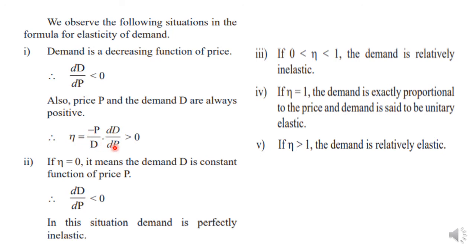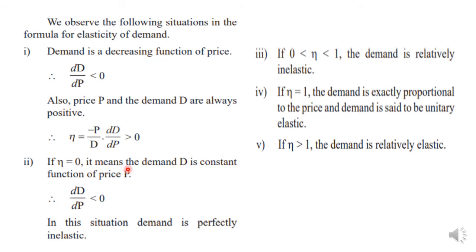So eta is equal to minus P upon D into dD by dP. Since this derivative is negative, minus into minus becomes positive, and therefore elasticity is always positive. Elasticity is greater than 0. It can be 0 in certain situations.